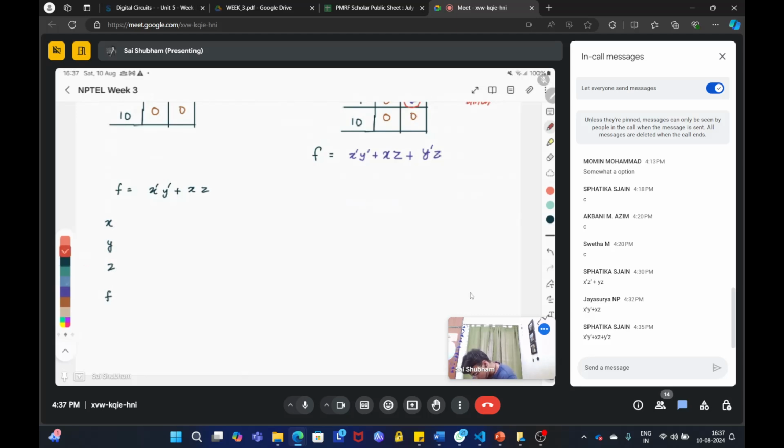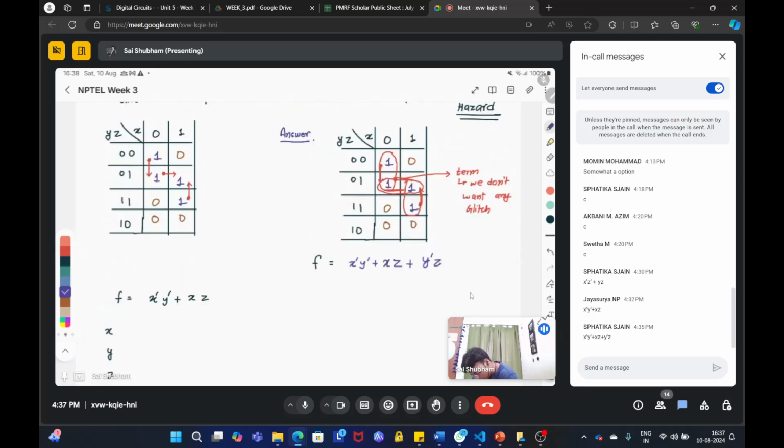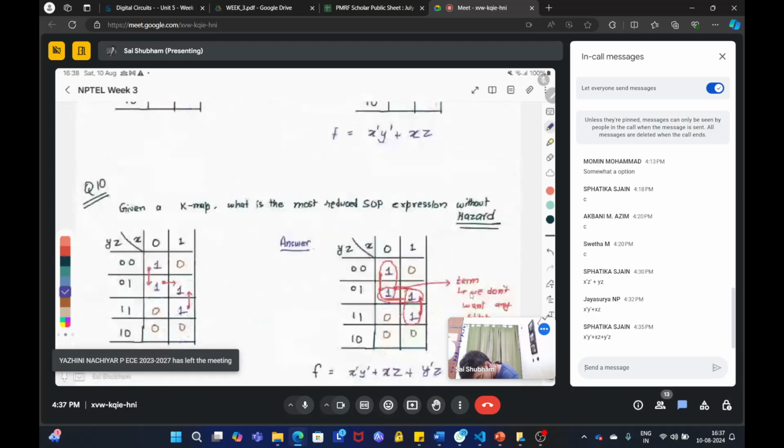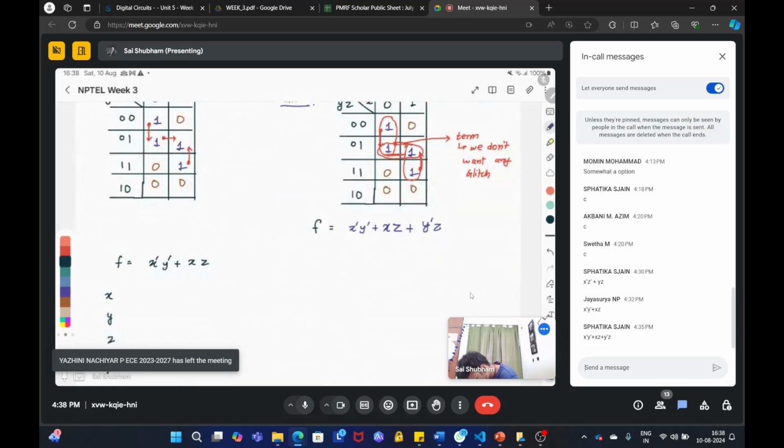If you are moving from this point, how do I mark this point to this point?